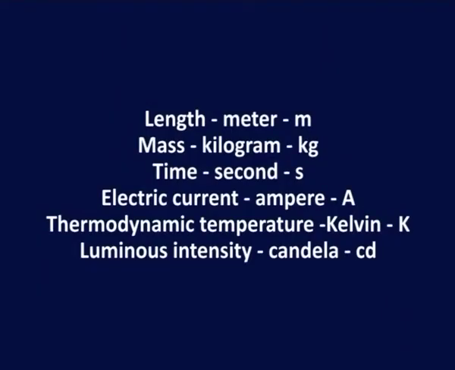Now, the measurement unit for length, meter, is represented by m; mass, kilogram, is represented by kg; time is measured in seconds and is represented by s; electric current, ampere, the letter is A; thermodynamic temperature, kelvin, represented by K; luminous intensity, measured in candela and represented by cd.